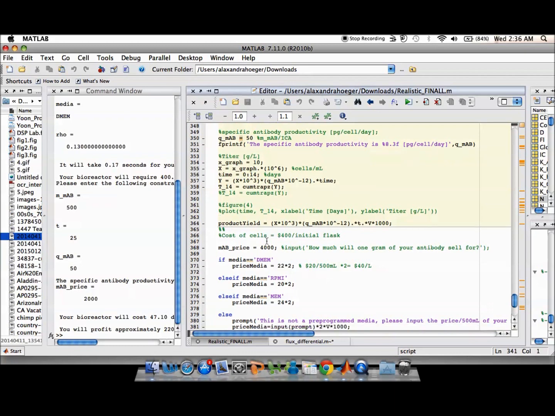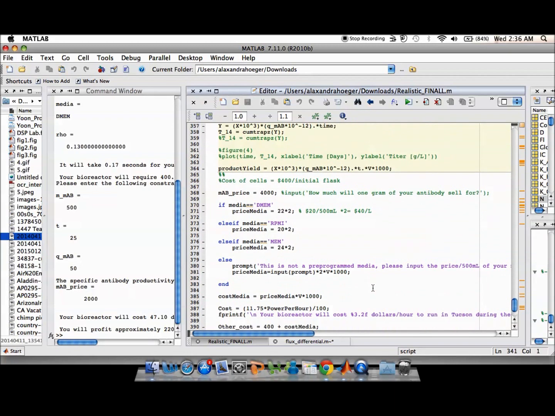So we used a conservative $4,000 per gram. This is another user input, specific to the price of their antibody per gram.